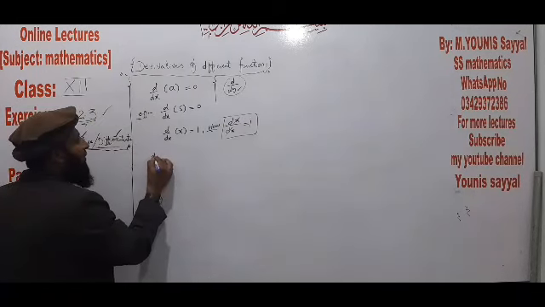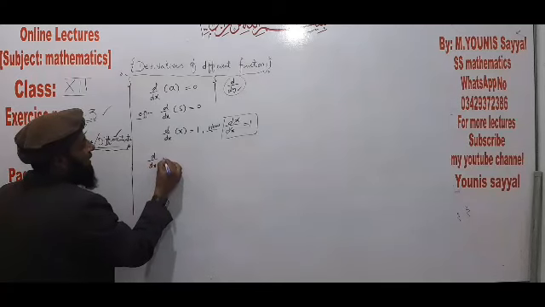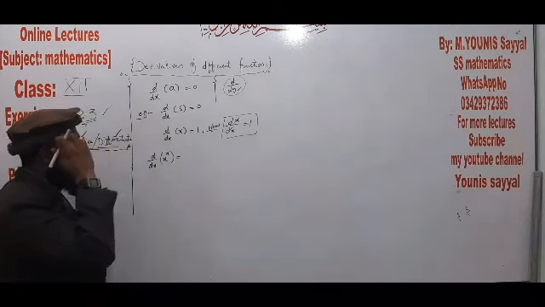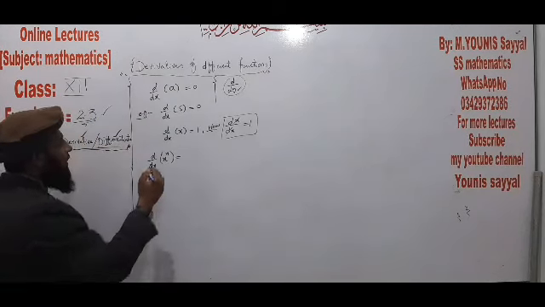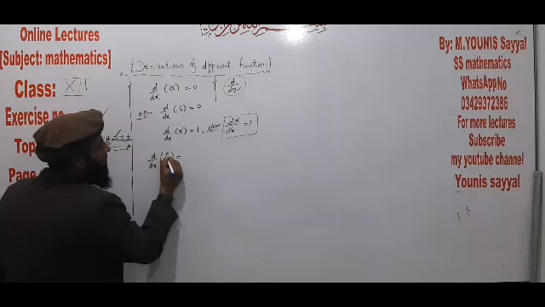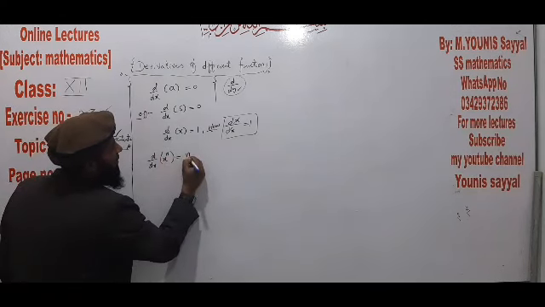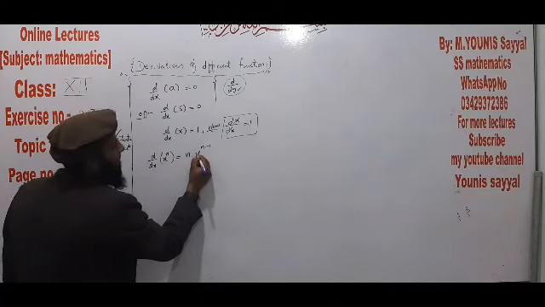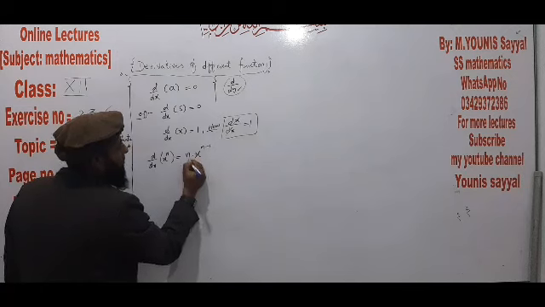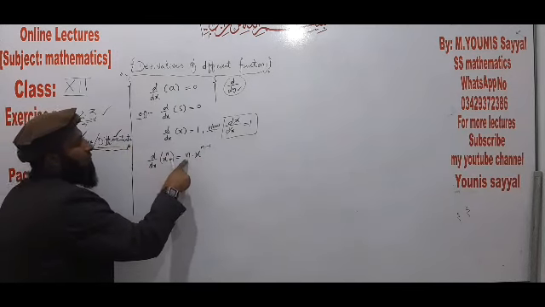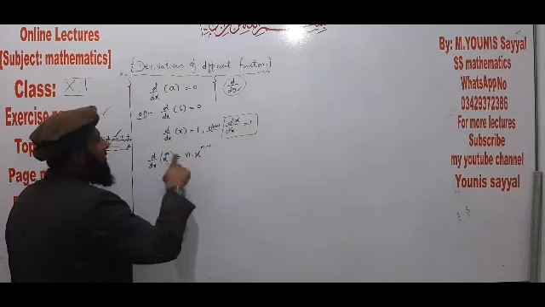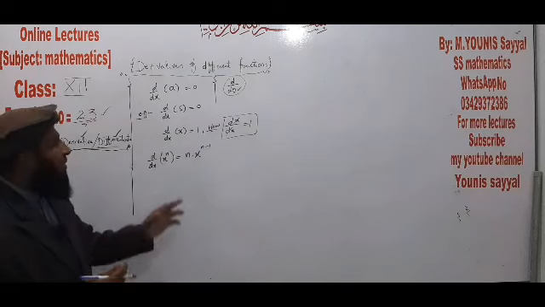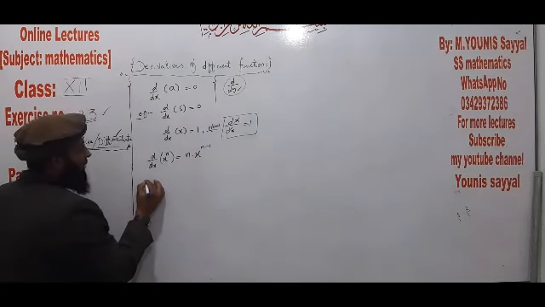But when we write the formula d over dx of x power n, this is the main formula of derivation. When a power is given, then n comes down here and x power n minus 1. The power of x comes 1 less.